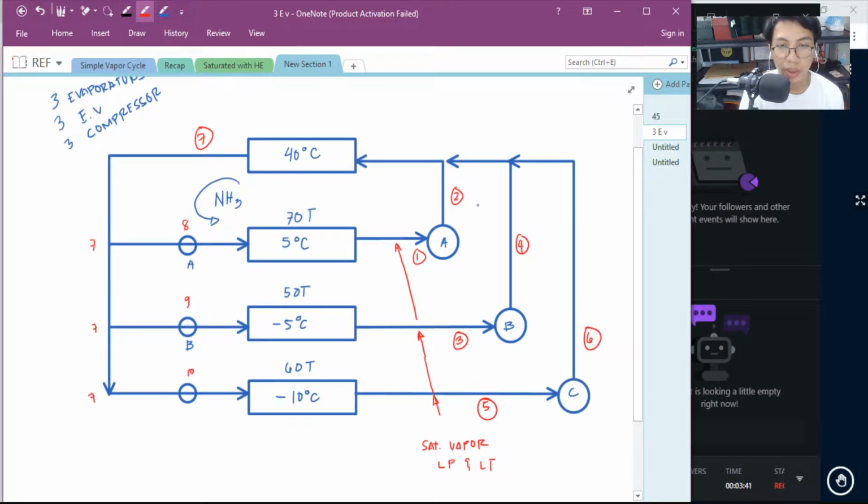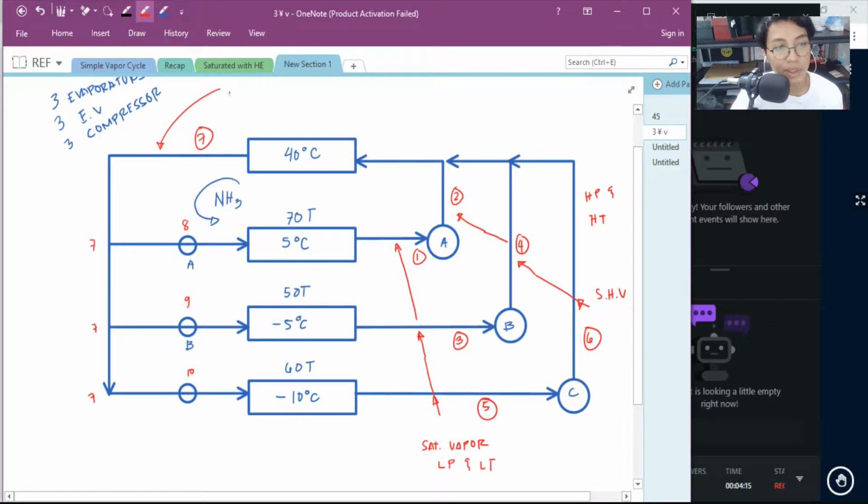Now, in here, sa mga points na ito, and in here, ang condition ng iyong refrigerant ay superheated vapor. And they are high pressure sides and high temperature kasi papasok sila dito sa iyong condenser. Now here, sa point na ito, what will the refrigerant be?